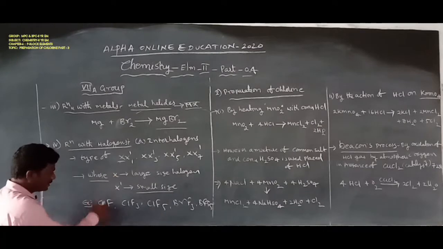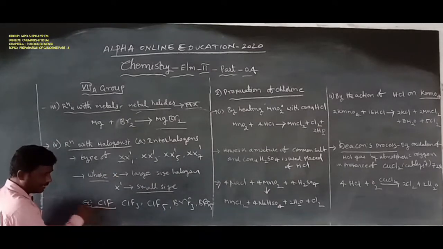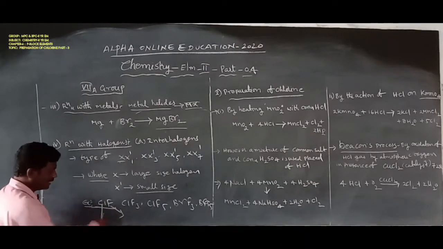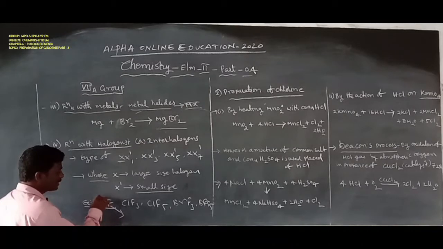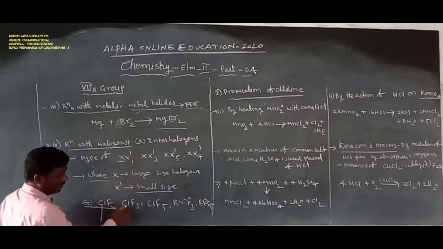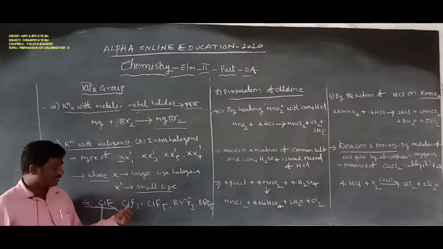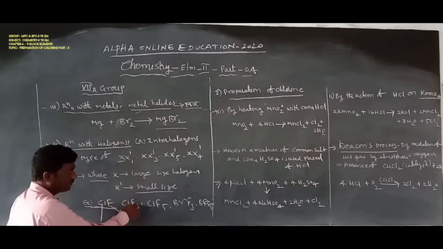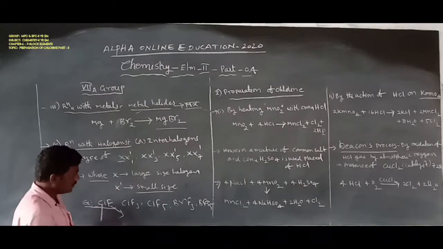For example, ClF is an interhalogen. Chlorine has the large atomic size, fluorine has the small atomic size. It is a type of XX'. The second one is XX'3, ClF3. Cl is the large atomic size, F3 is the small atomic size. It is a type of XX'3.